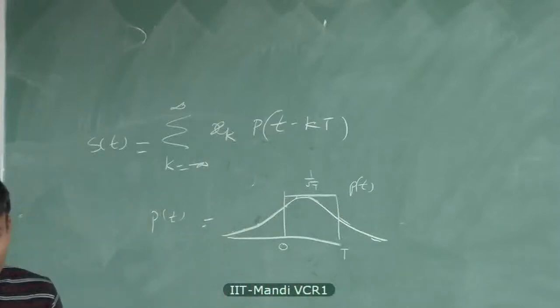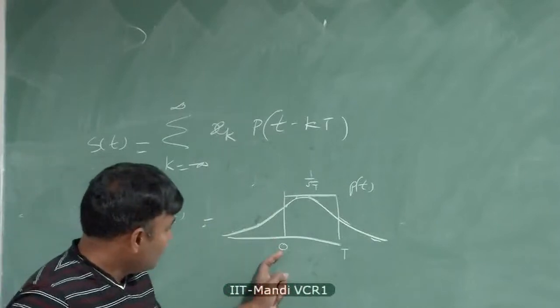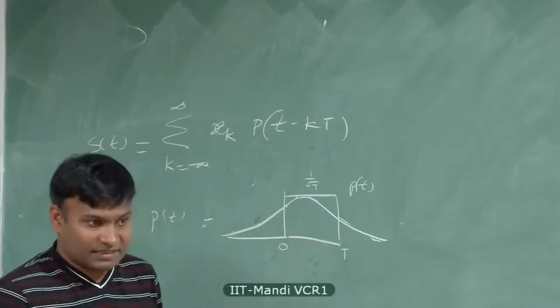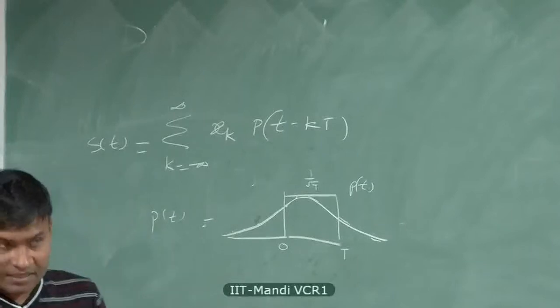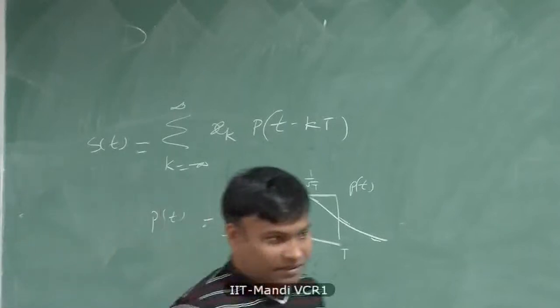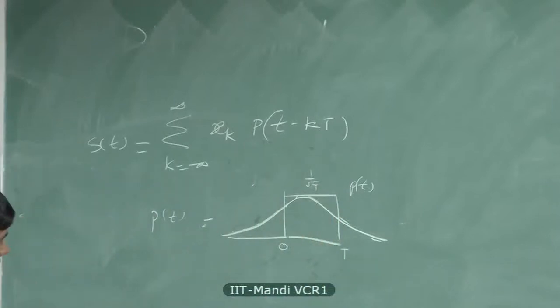That could be a valid pulse. But the problem is that if it goes out of this boundary 0 to T, it creates intersymbol interference. One symbol interferes with the other, or one symbol has contributions from past and future symbols. That's called intersymbol interference.